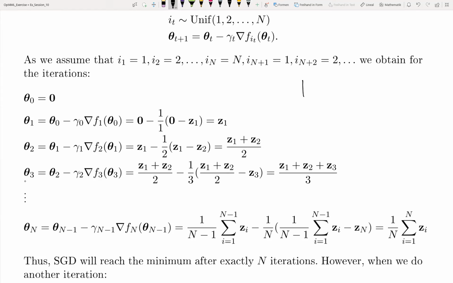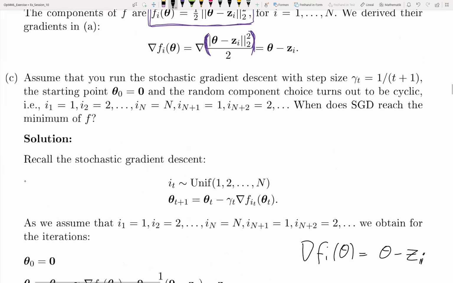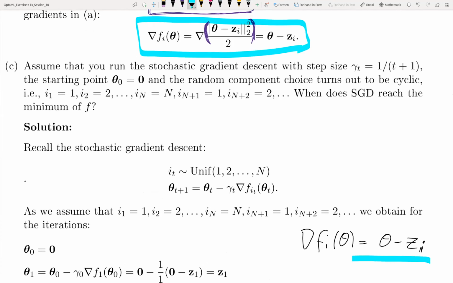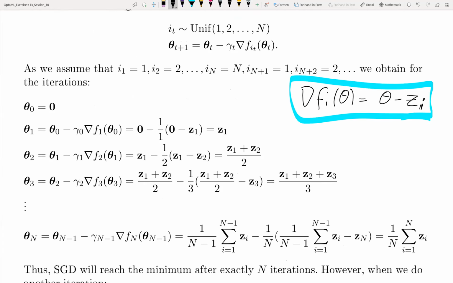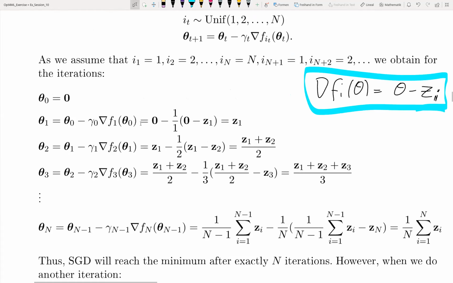So for all f_i's, it doesn't matter which theta we plug in, we always have that this is theta minus z_1. Now this is what we just had here. This is what we definitely have. Okay, and using this every time, we simply have to plug in the corresponding z_i.